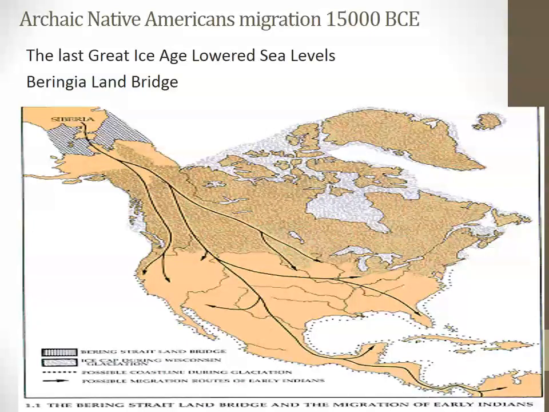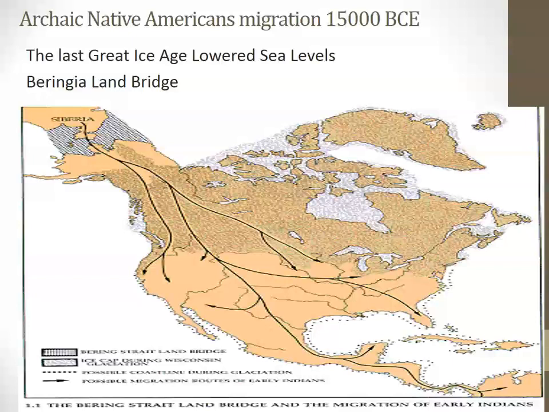They migrated to Europe, they migrated to Asia, and so forth. We believe that North and South America were the last places that people migrated to. There's some debate over this, but we generally accept that this migration of peoples to the Americas occurred during the last great ice age, around 15,000 BCE.